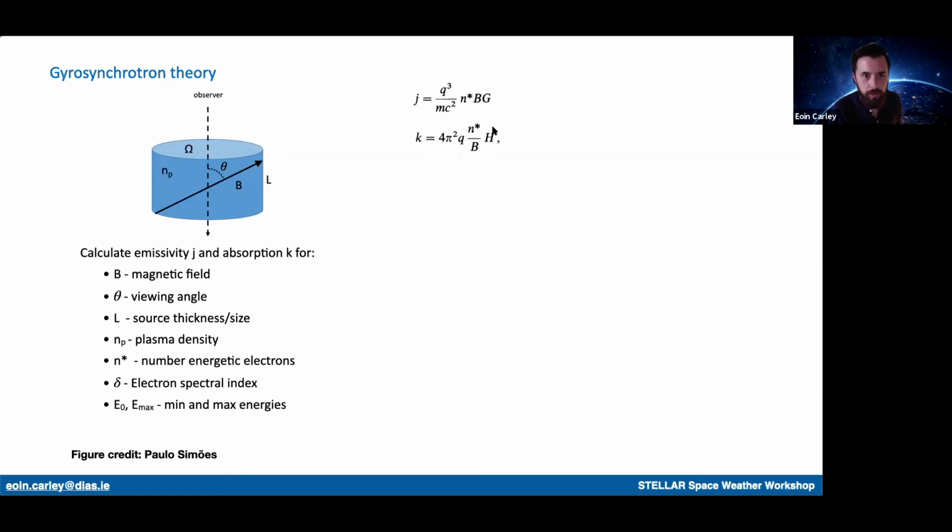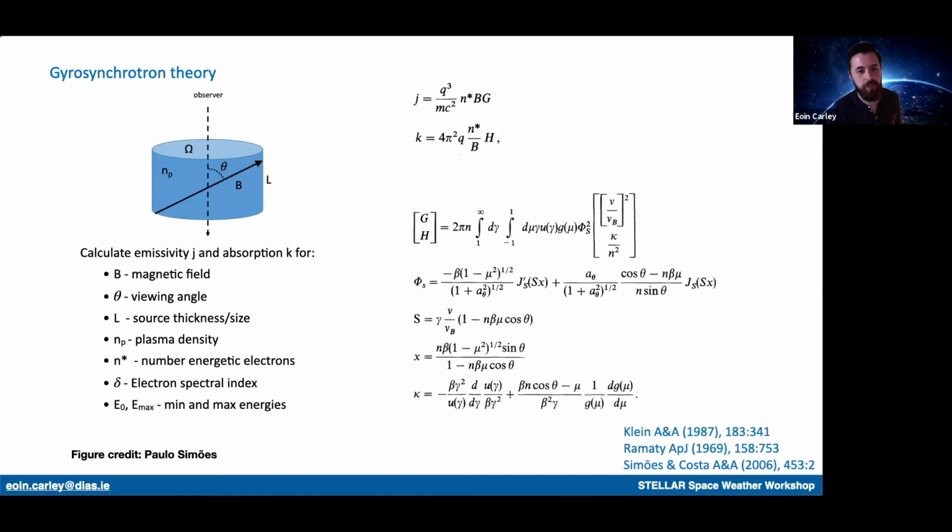The complication comes in these terms here, and I show them not to go through them in any detail or understand them, but just to show you what's involved. It's pretty complicated, but there are some familiar parameters here. We have the velocity distribution and the pitch angle distribution, and these look pretty complicated, but they're just expressions that take into account the observing angle and some relativity factors.